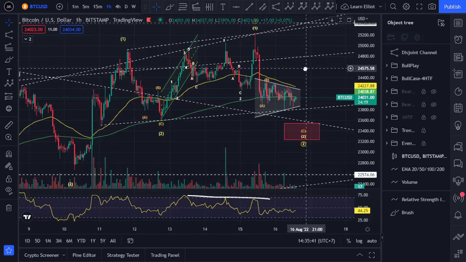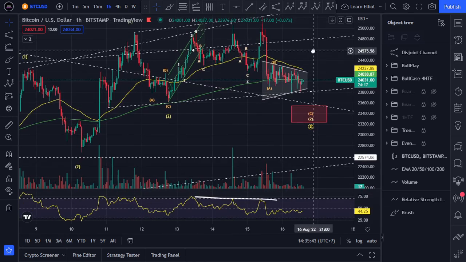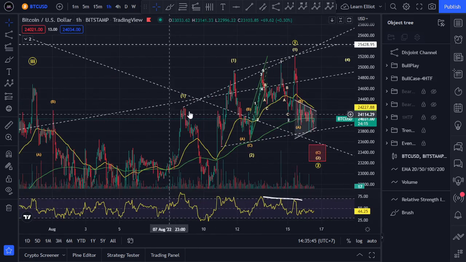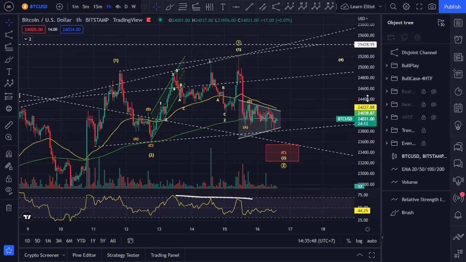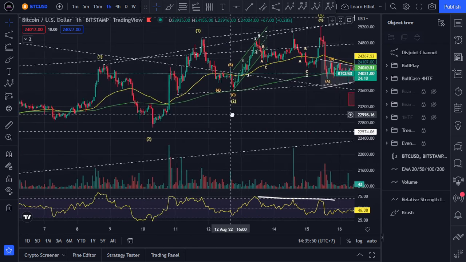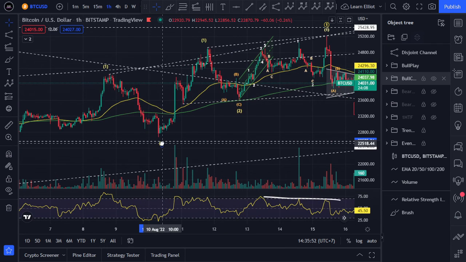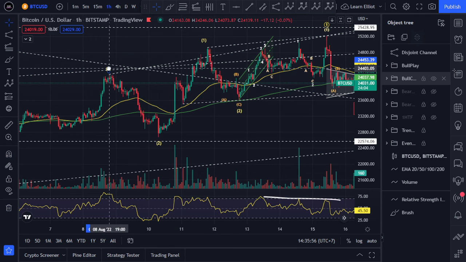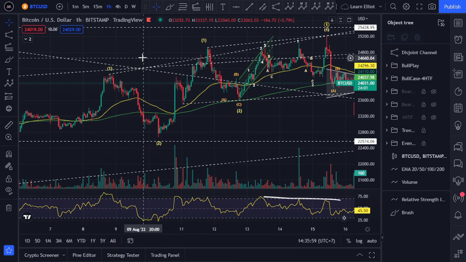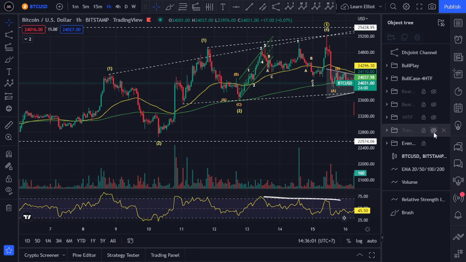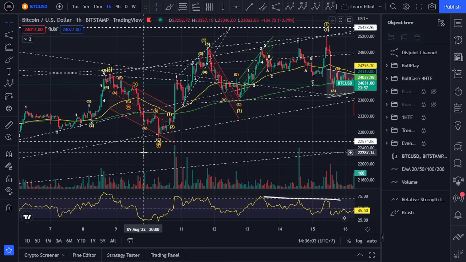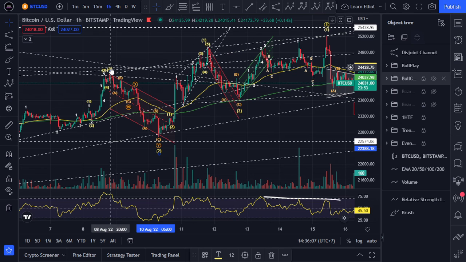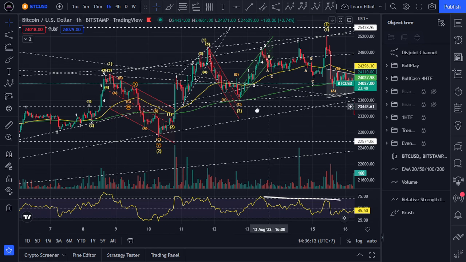So yeah, no matter what, this bull case scenario will still be in play. Oops, I should not move this. Yeah, something like this.